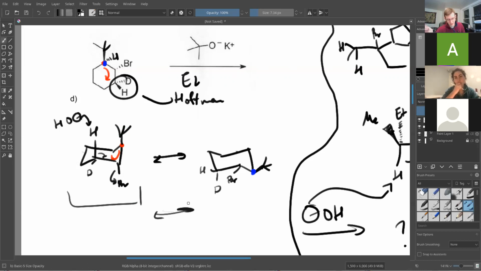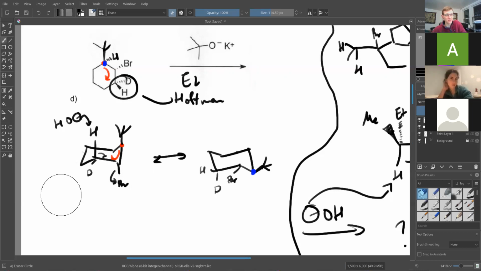In that case, would there be no reaction just because the more stable conformation would not give you antiperiplanar, or would you do the syn in a really rare case? You would have no reaction. Not syn. Yeah, I would not expect them to expect you to write syn E2.